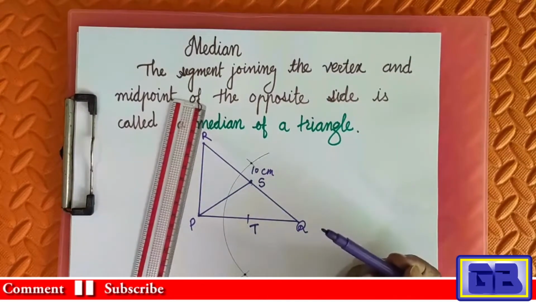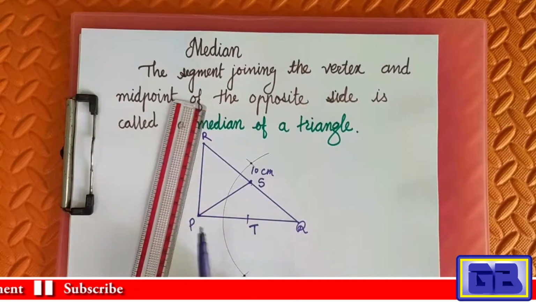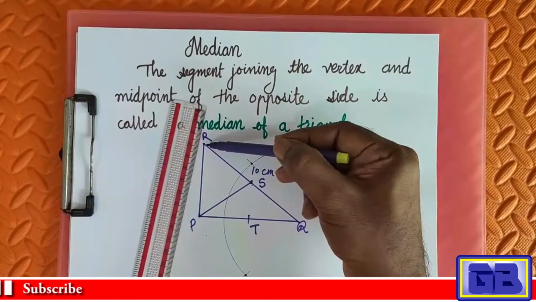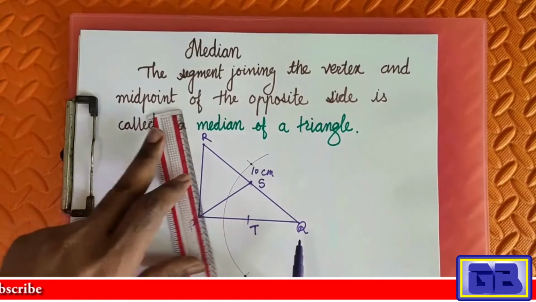Now what is the opposite vertex of this side PQ? For vertex R, side PQ is on its opposite side.